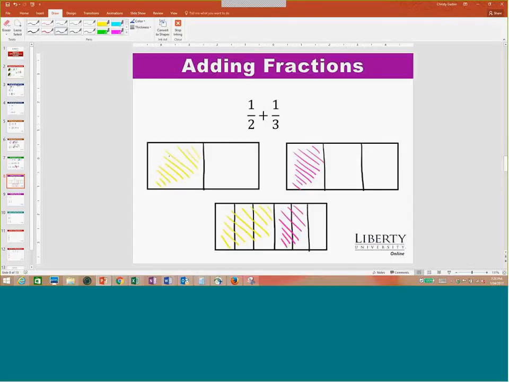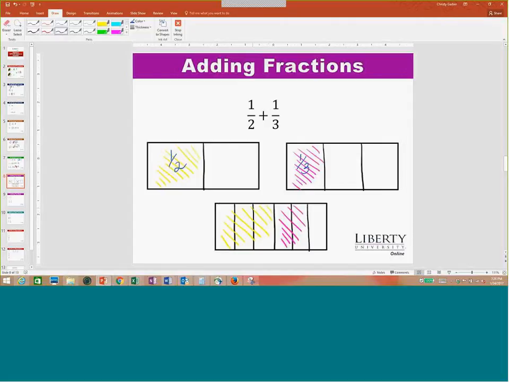So this is my 1/2. But I want to add the same rectangle, but now it's divided up into 3 equal parts. I want to add a third.